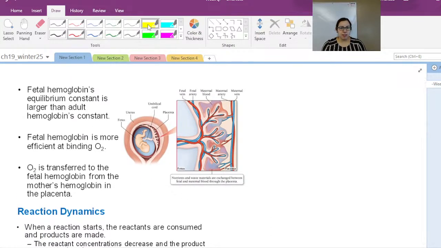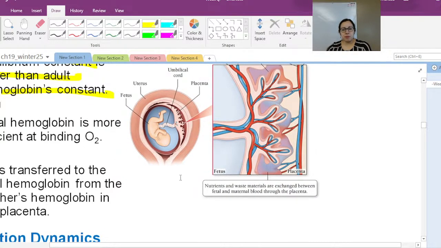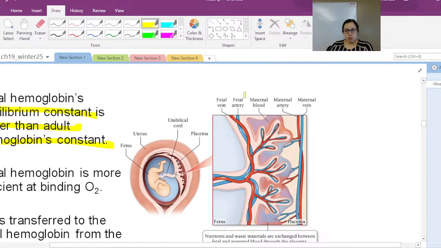Many studies have proven that the fetal hemoglobin equilibrium constant is larger. That makes sense. The mother is breathing in and also needs oxygen.